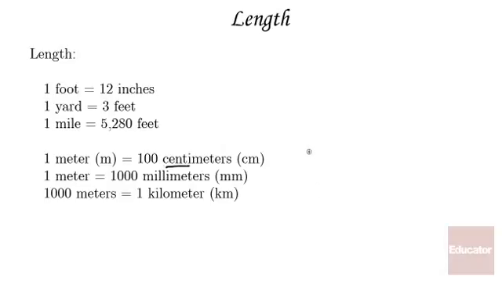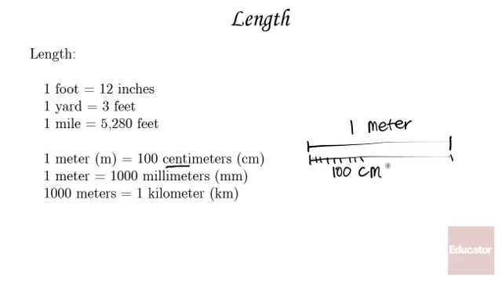So if I said that this is 1 meter, then it takes a lot of centimeters, 100 centimeters, to make up 1 meter. So we know that the meter is bigger than the centimeter. And centi means 100. So anytime you have anything with centi, it just means 100, but in a small way. They're very small.